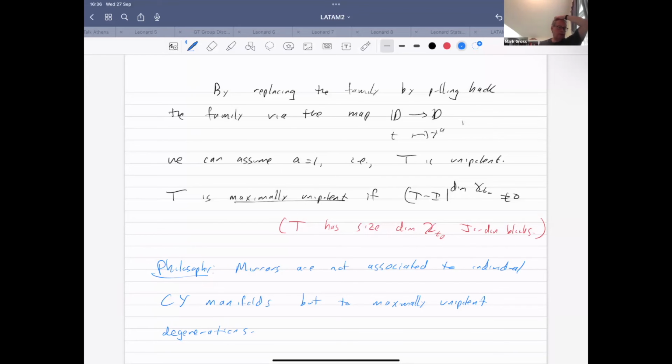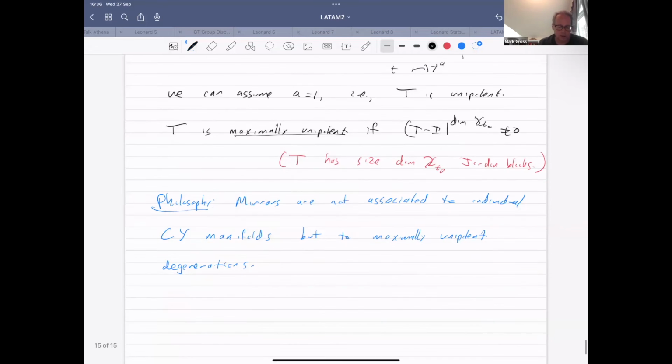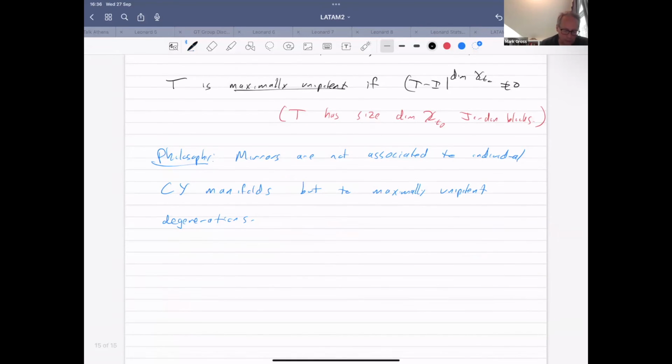Okay, so that is something we need to keep in mind. And when we start to construct mirrors, we'll be constructing mirrors not to a Calabi-Yau X, but to a maximally unipotent degeneration. So now we can assume we have X to D, maximally unipotent, and we have this singular fiber X0 over 0.